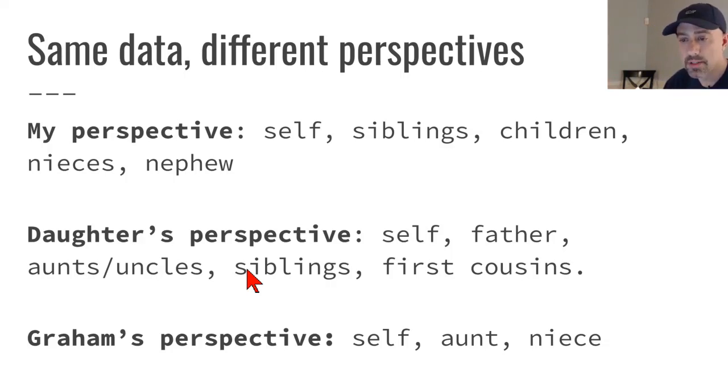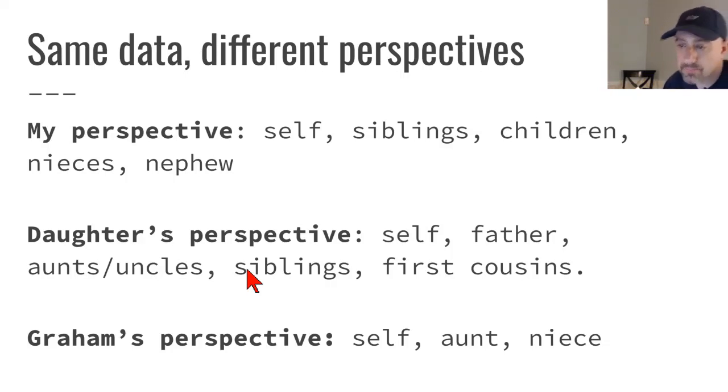But if my daughter had done this same study, it would have been self, father, aunts, uncles, siblings, and first cousins. So it's just a matter of perspective, and you can see if Graham had done this exact same study, for him it would have been self, aunt, and niece in comparison with a bunch of distant matches.